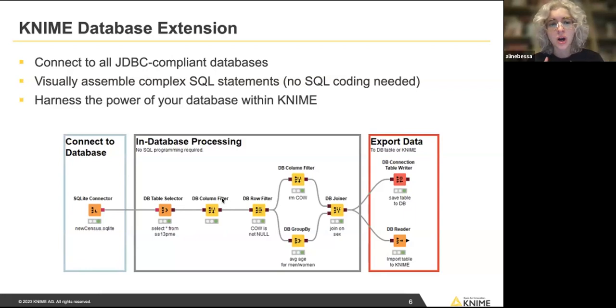Then we want to filter a column. Then we want to remove certain rows from that table. For example, there is an attribute named COW. So you just want to keep rows in which COW is not null. So you don't want missing data. Maybe you want to remove the attribute. Maybe you want to perform a group by operation.